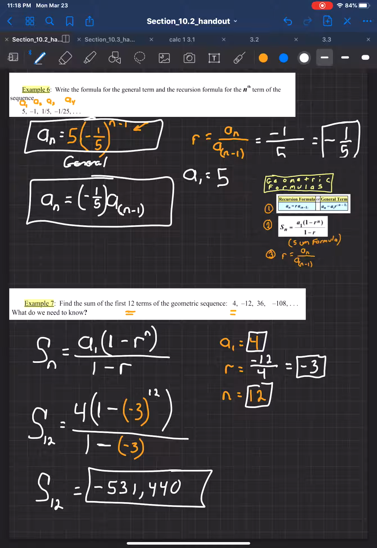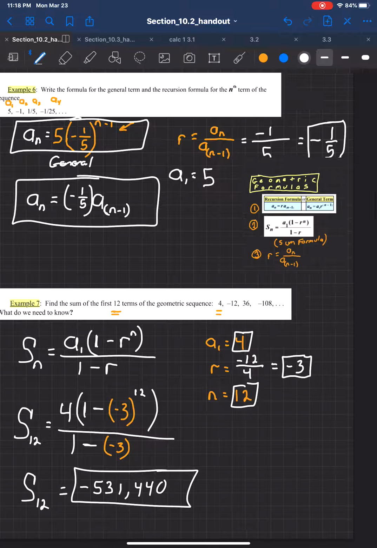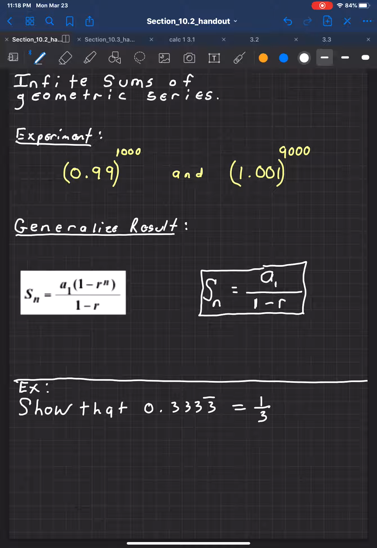All right. So let's chat a little bit about this sum formula. And if you don't mind, let's play a game. If you have your calculator at hand, try something. We're going to do a little experiment. Take, for example, 0.99 and 1.001.